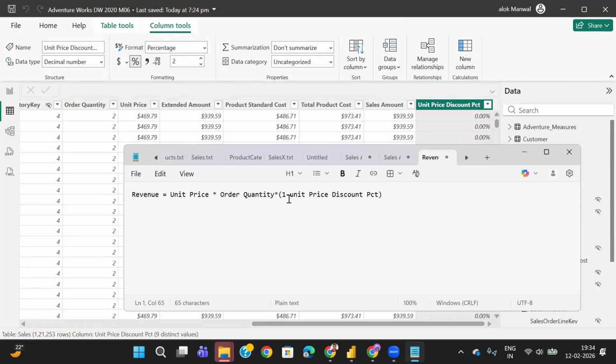Because this will give us the total revenue. And it should be minus because we are getting the percentage discount on unit price and order quantities. So this is what we are going to implement in our measure. Remember this logic.